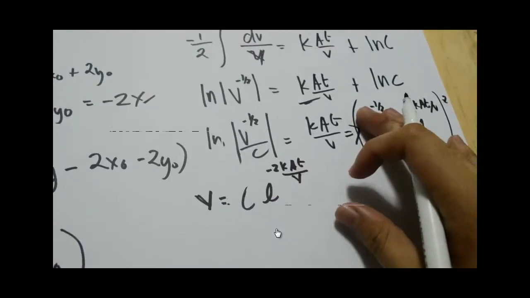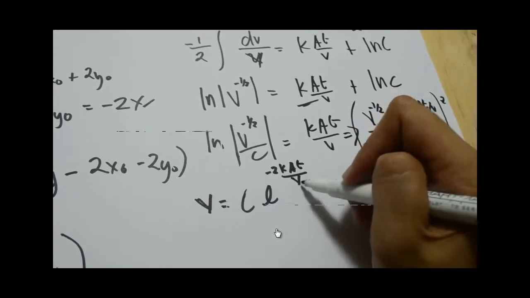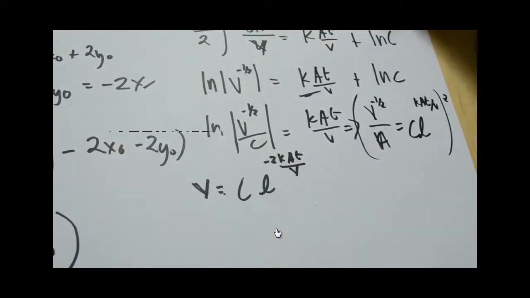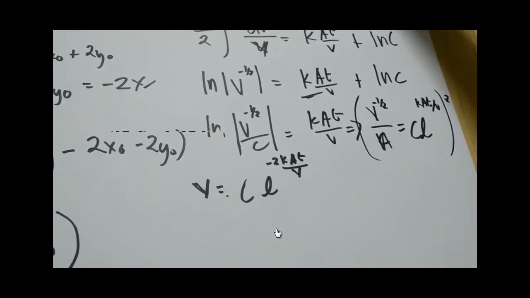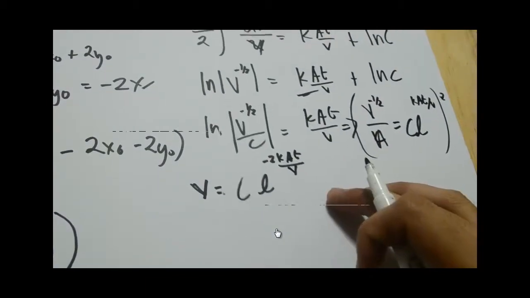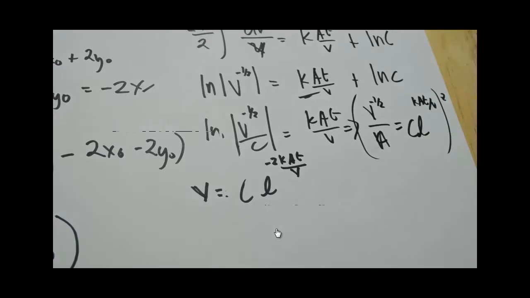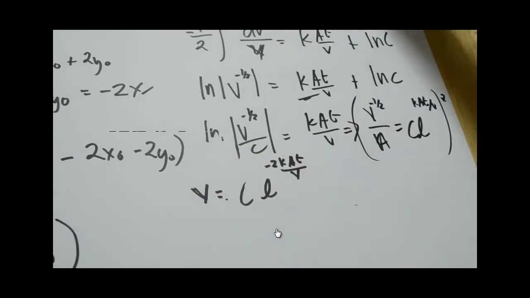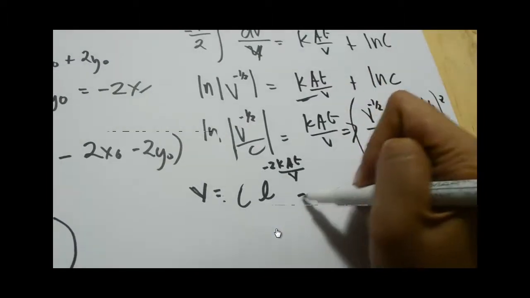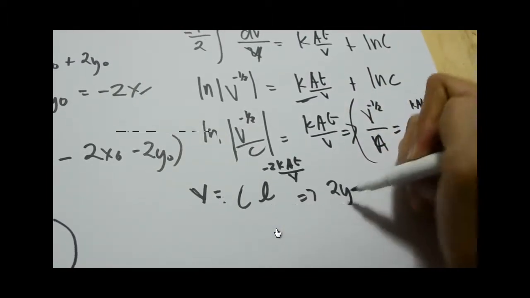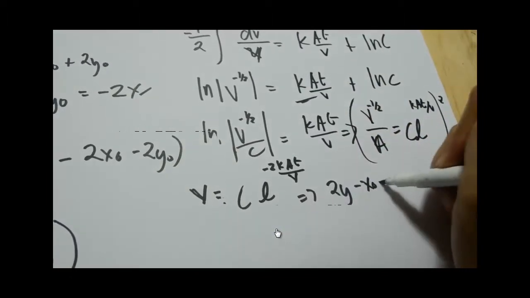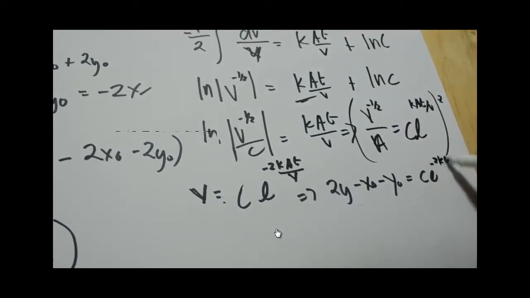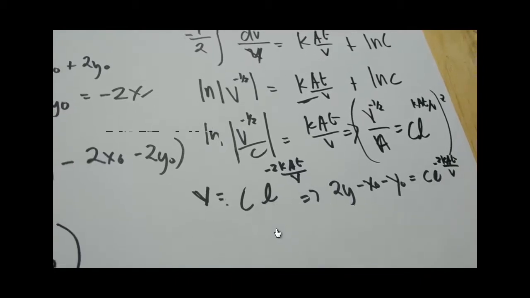So let me first remind you that the V here is a volume, and the letter v we used is another variable, so please don't get confused. And now returning what we have substituted for v, we have 2y minus x sub o minus y sub o equals c e to the negative 2k a t over V, right?